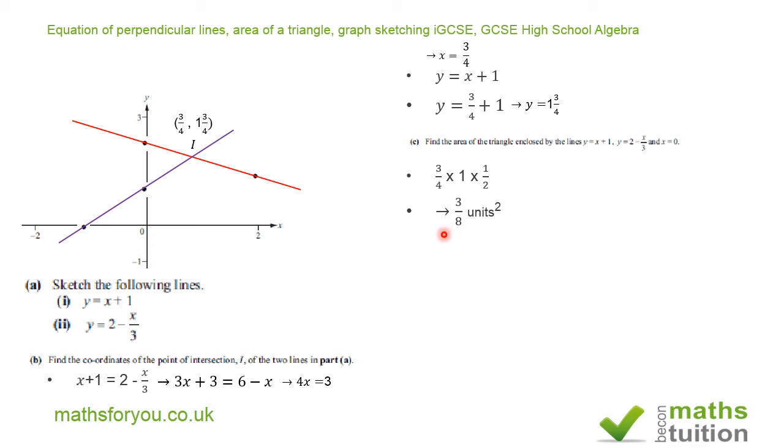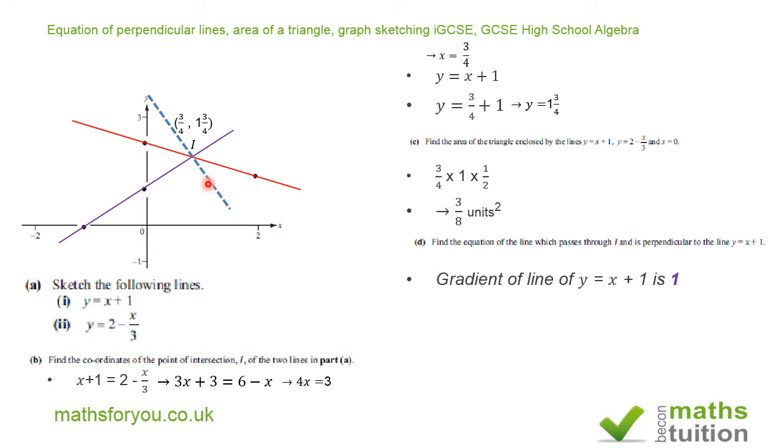Hope that makes sense. Now for part D, it says find the equation of the line which passes through I and is perpendicular to the line y is equal to x plus 1. So we're looking for the equation of this line here, which is supposed to be perpendicular to the line y is equal to x plus 1. Okay. We know that the gradient of the line y is equal to x plus 1 is 1.